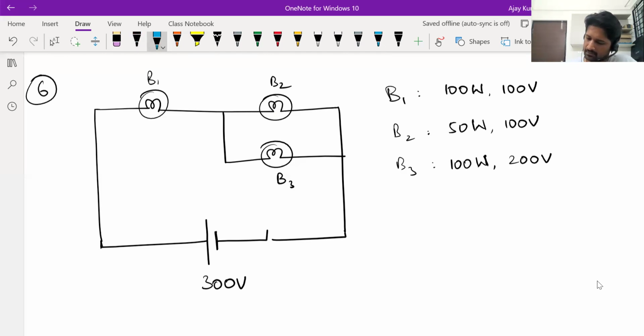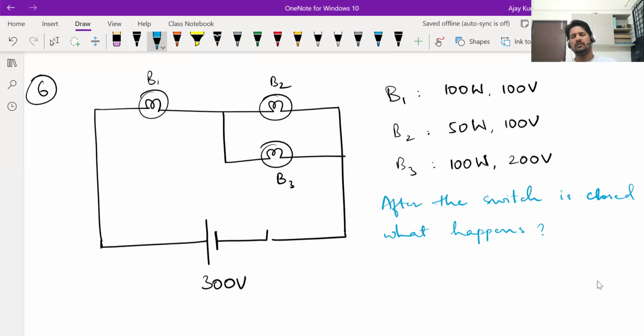First question is, after the switch is closed, find out what happens. That means, do all the bulbs glow safely? If they do, which one glows the brightest? All those things you find out.